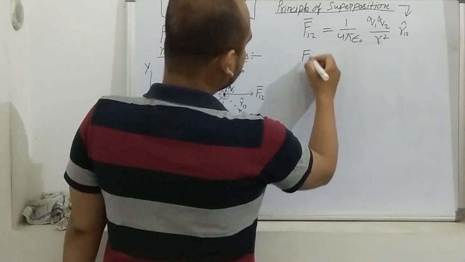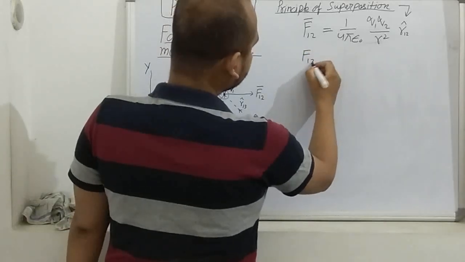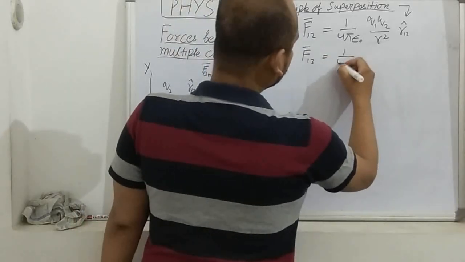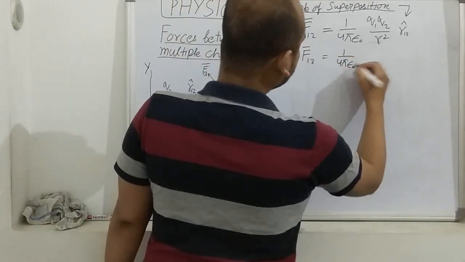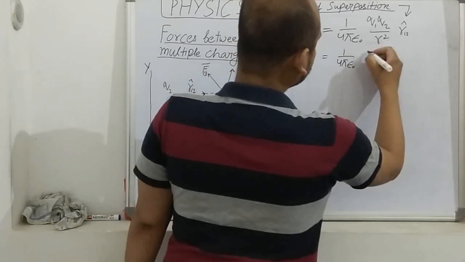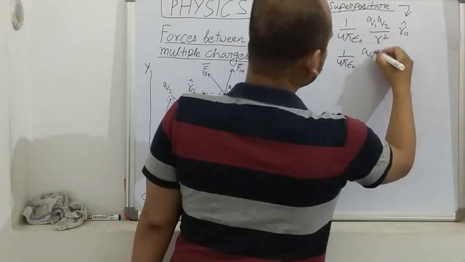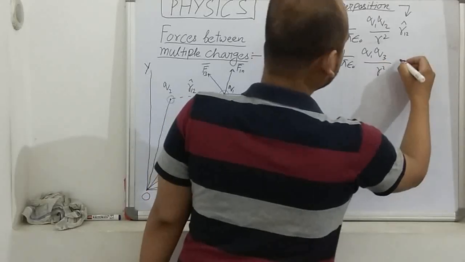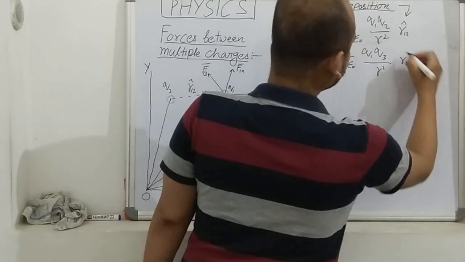Similarly, F13 will be equal to 1 upon 4 pi epsilon naught Q1 Q3 upon R square R13 cap.